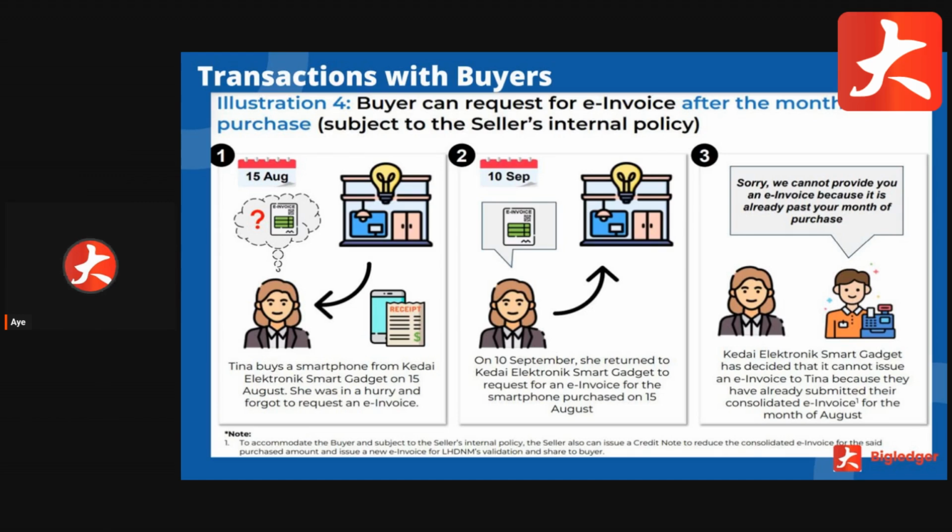Then after that, they create a new invoice for Tina to get the valid e-invoice. So this is one of the solutions that Tina and Kida Electronic Smart Gadget can use, but it depends on the seller's internal policy.